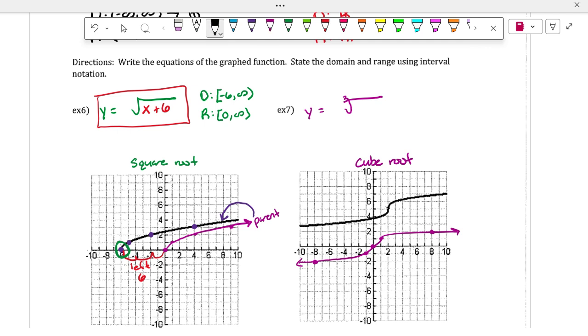Now, if we also mark some points on the new function, so here, here, here, and then that goes off. Here.